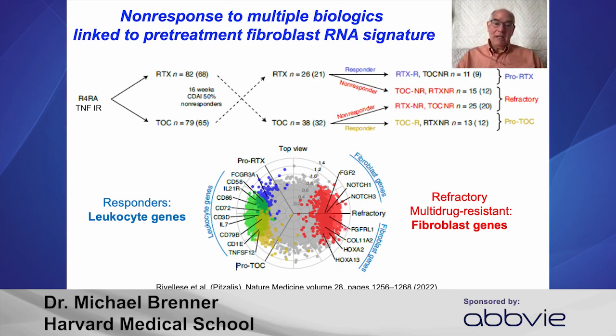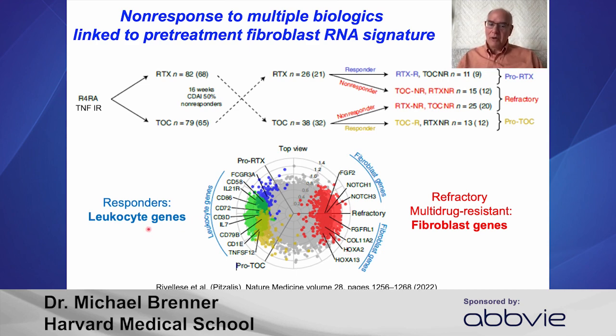And that's depicted here. These genes in red are the genes that were in the refractory or multi-drug resistant patients. And here are some of the genes: fibroblast growth factor, which is a fibroblast relevant gene; Notch genes, Notch 1 and Notch 3, which I showed you through our analyses was important in sublining differentiation; collagen genes; and Hox genes, which are also mesenchymal fibroblast genes.